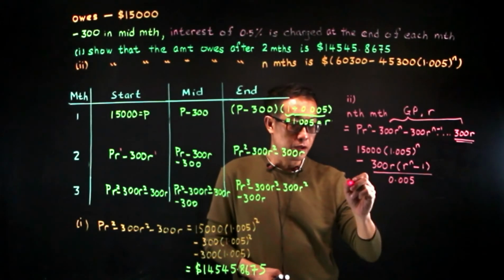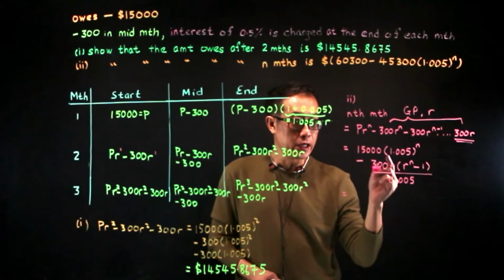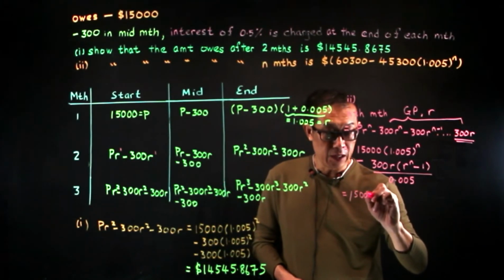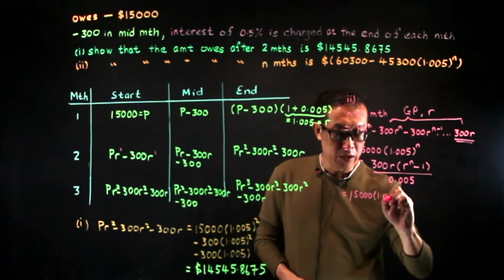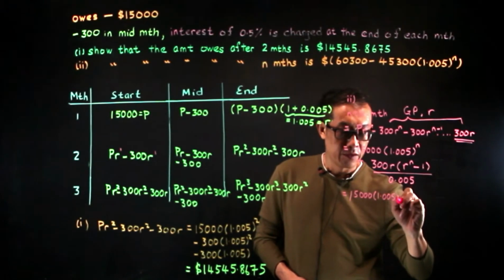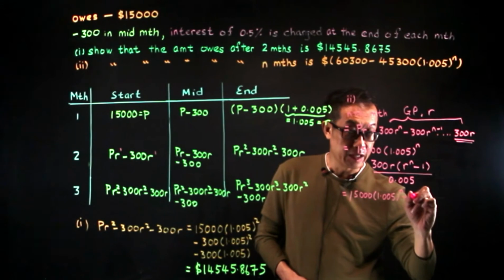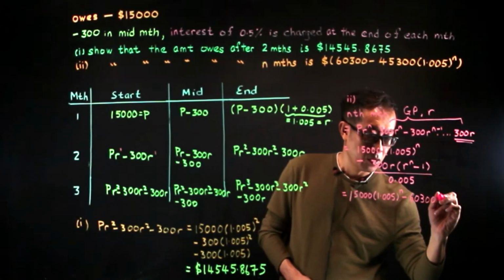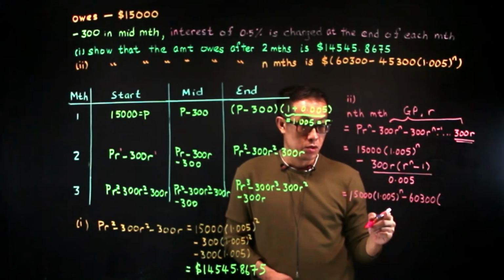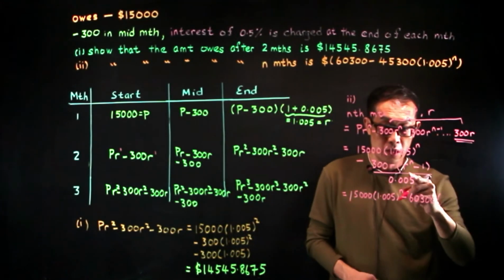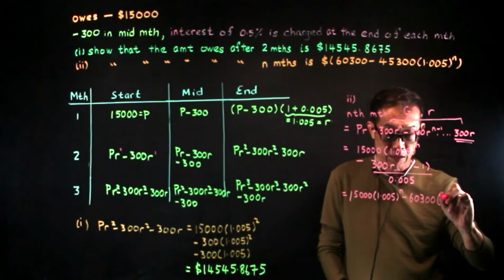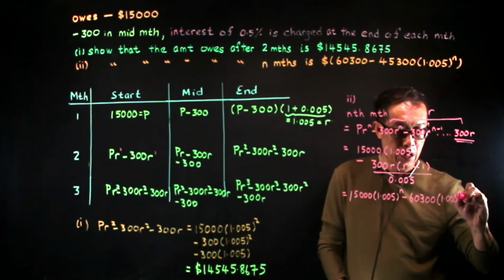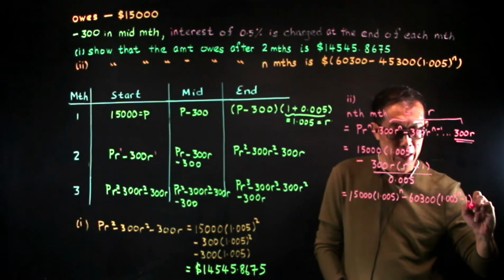Now you substitute and put it into your GC, and then you will get 15,000 times 1.005 to the power of n, minus 60300 times 1.005 to the power of n minus 1.